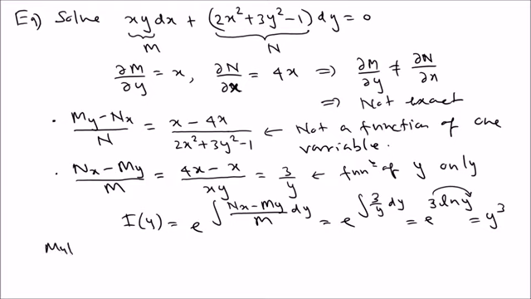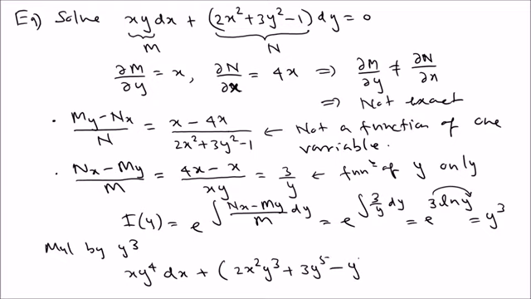So we multiply the differential equation by y cubed. You're going to get xy to the fourth power dx plus, multiplying by y cubed, (2x squared y cubed plus 3y to the fifth power minus y cubed) dy equals 0. So that's what you get.